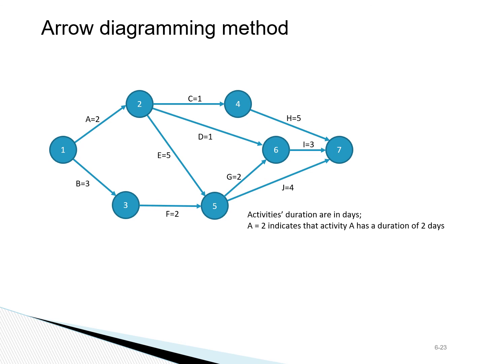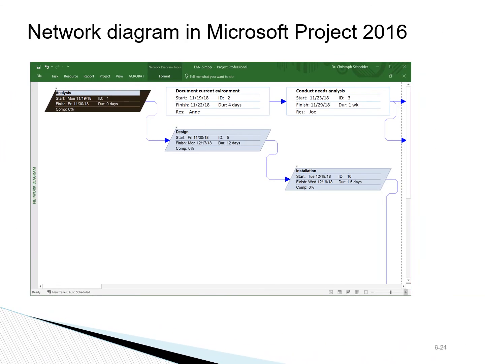So in this example, activity A has the duration of 2 days. Another way of showing the activities, their attributes and dependencies, is through a network diagram. Again, Microsoft Project can generate these visual representations very easily after you set up your project in Microsoft Project.